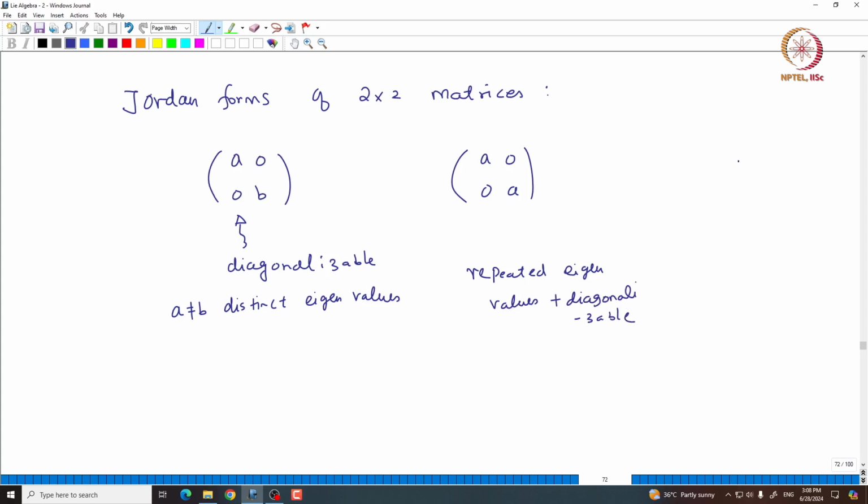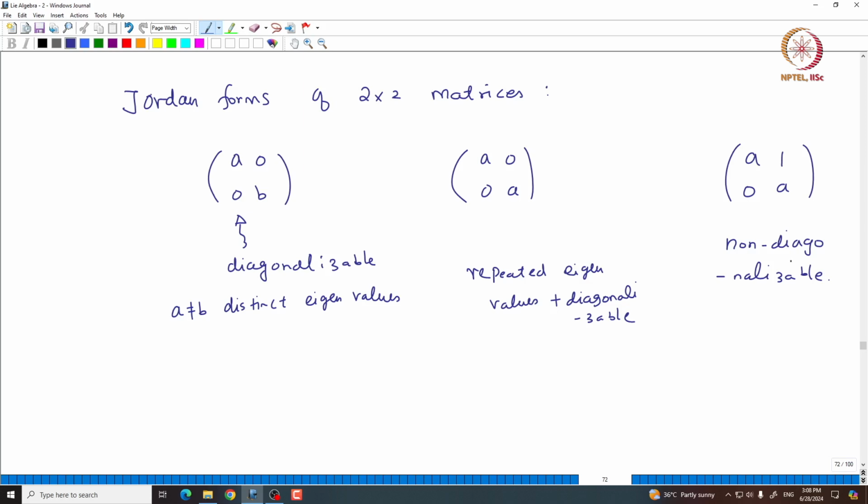The third case is not diagonalizable, but it is forced to have repeated eigenvalues. So, these are all the three cases that we need to consider.